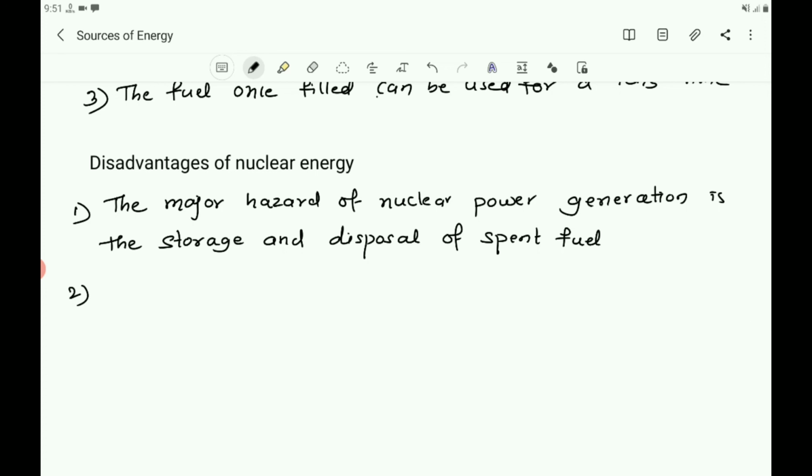The radiations emitted by the fuels cause health problems.